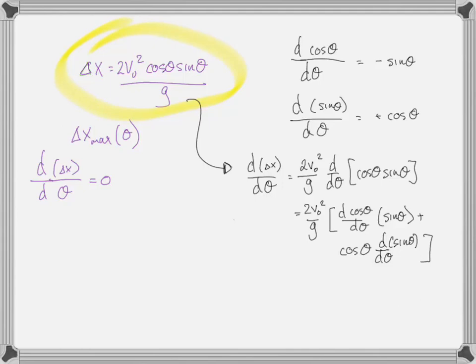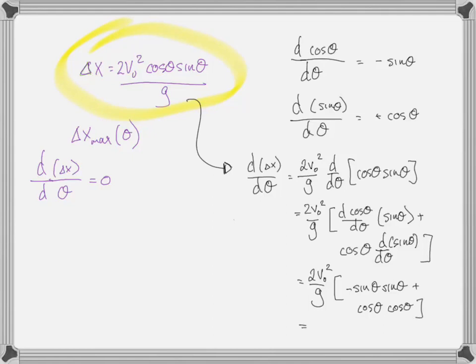I know that might be beyond where some of you are, but if you've taken calculus before, you need to know how to do that. Again, I might not put that on an exam, but for class, you are required to be able to do this kind of thing in a homework. The derivative of a cosine is negative sine, so we get negative sine theta times sine theta, plus cosine theta times the derivative of the sine, which is cosine theta.